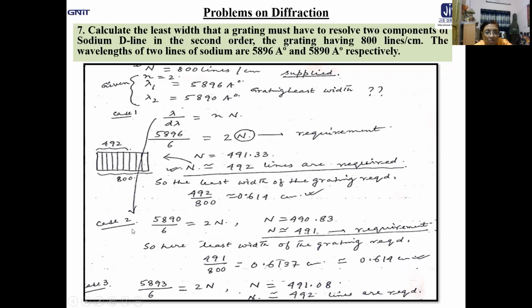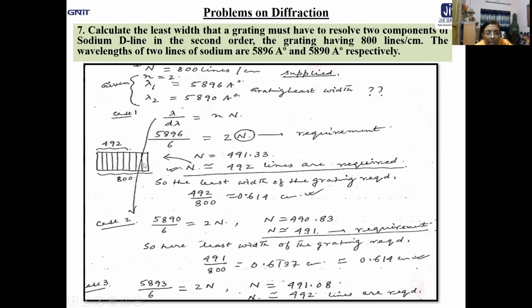Now come to case 2. In place of lambda 1, which I used previously, I am now using lambda 2, that is 5890, and following everything similarly. Now the N value you are getting is 490.83. That means the number of lines required is 490 plus, that is 491.